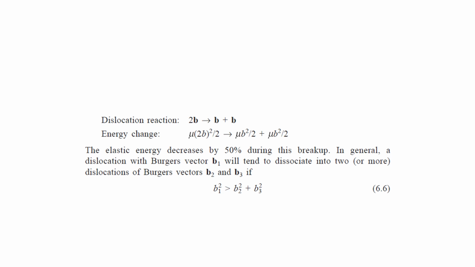Before breakup, the energy was mu 0 times 2b square divided by 2. The equation is mu times b square divided by 2, where b is the Burger vector. Here that b value is 2b.